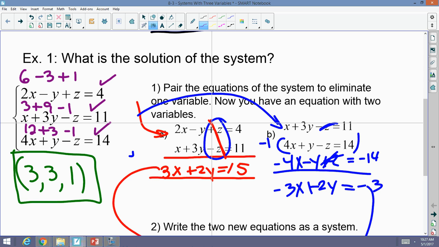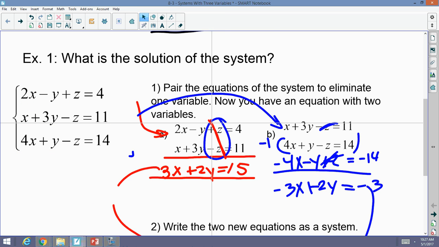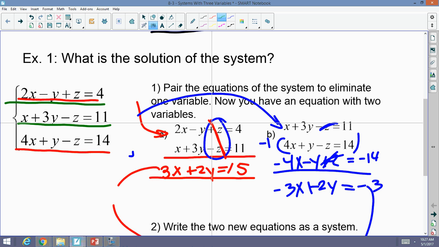Okay, yes. Back to the question. Mr. Morrow, when you started, you went ahead and did these two, and then you went ahead and did these two. The question, can I mix and match? Can I do this guy and this guy first, and then do this guy and this guy? Sure you can.